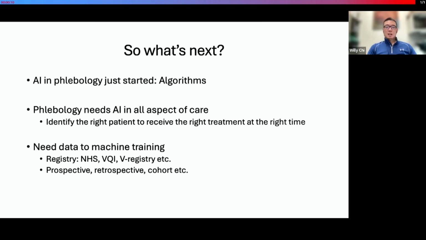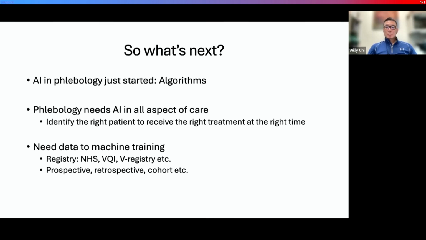Because I think AI will be able to help us tease out the more appropriate treatment for very specific patients, not just on ethnicity, but in addition to ethnicity and all these other parameters that currently are part of the registries, such as the NHS, the VQI, or even the V registry.